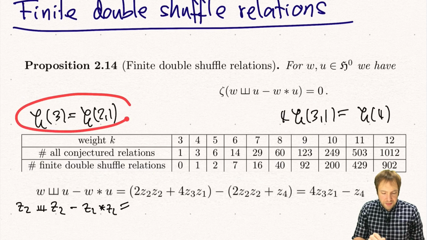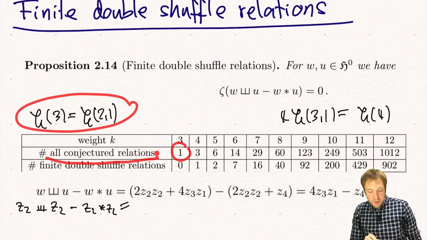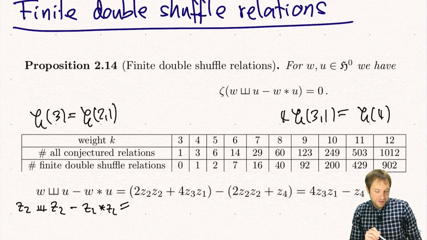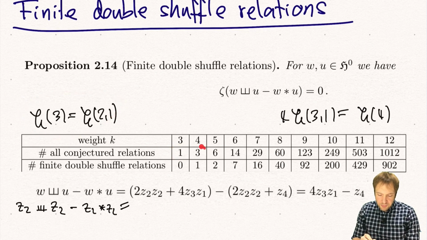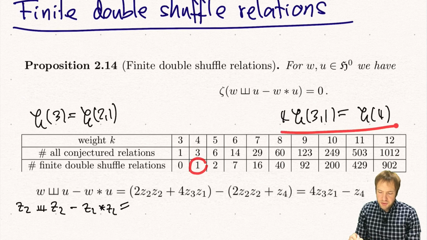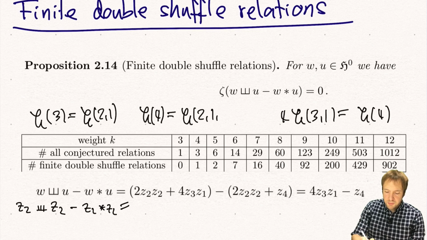But as this example here shows, we expect more relations. So in this row here, we have the number of all conjectured relations. So this one here is this. And also in weight 4, we expect to have 3 relations, and here we just have 1. And for example, one relation we also proved by using this duality was this one, zeta(2,1,1).